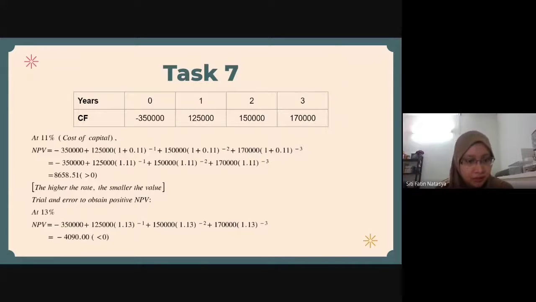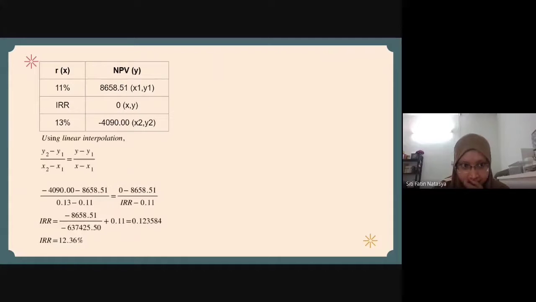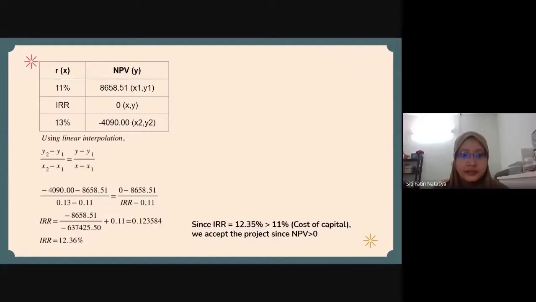We try and find that the NPV is negative 4,090 ringgit. To continue, we use the linear interpolation formula and obtain an IRR of 12.36%, which is larger than 11%. So we accept the project since the NPV is more than 0.